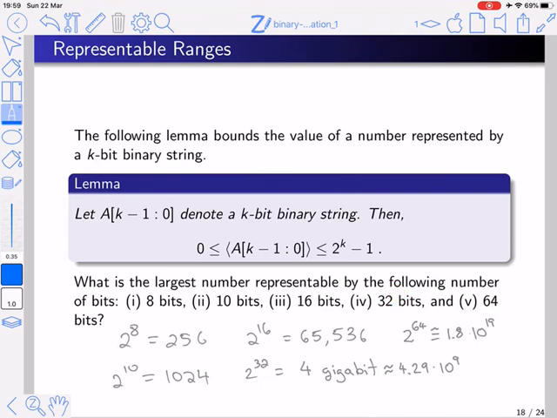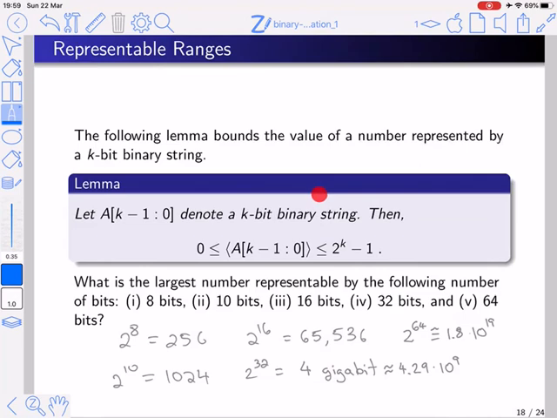Because the minute you have a disk whose size is bigger than 4 gigabytes, you cannot address directly a block in your disk using 32 bits. You need more bits. And this is why the size of the word in computer architectures has been increased from 32 to 64, simply because the disks became too large to be addressable by 32 bits.